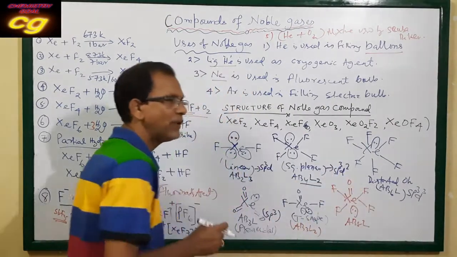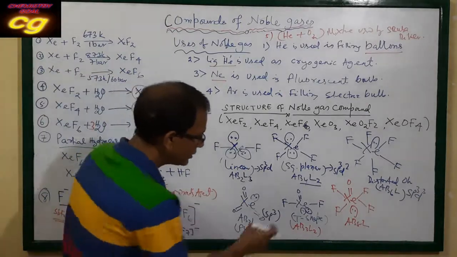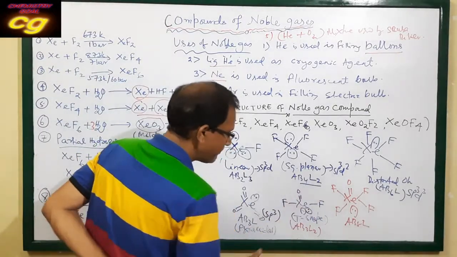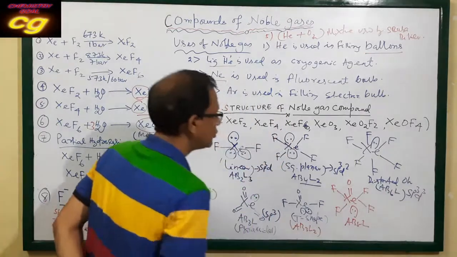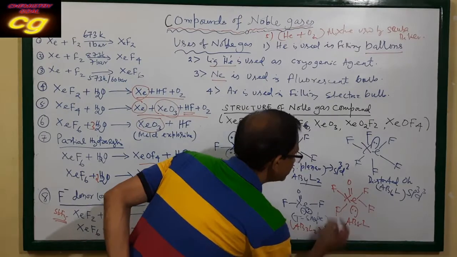Here, for AB3L2, the hybridization is B3L2 means 5, so sp3d.